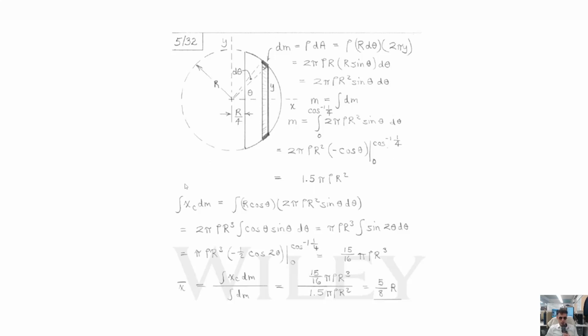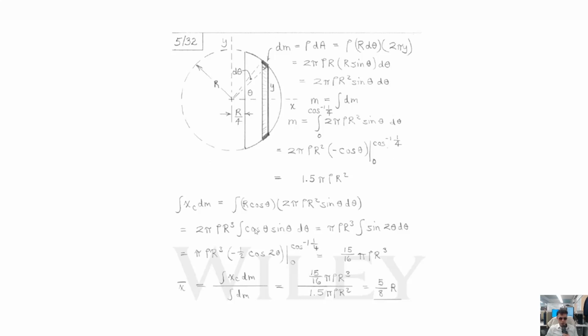If you want to find the x bar for this shell element, x is r cos theta, times the dm that we obtained before, 2 pi rho r squared sine theta d theta, integrated from the limit of 0 to arc cosine 1 over 4.